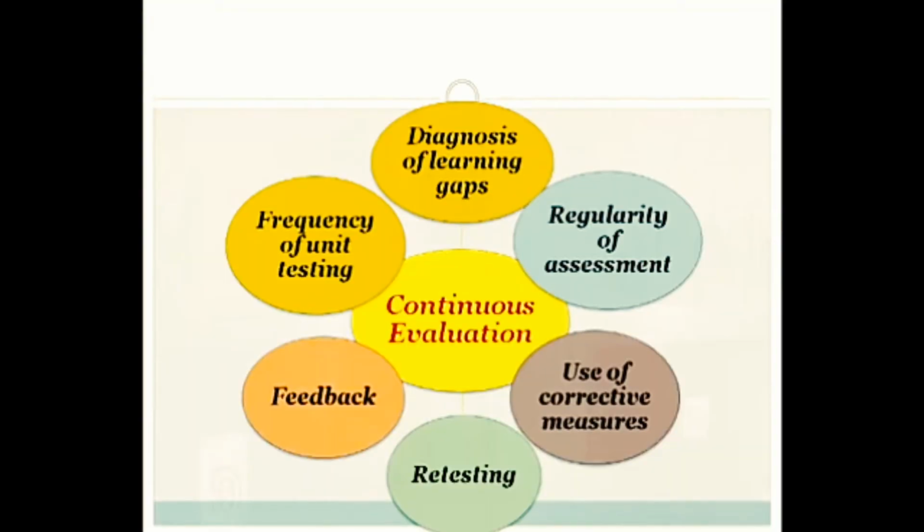Another feature of CCE is retesting. That means if a student is not able to understand or learn a particular concept in your class and you identify his or her learning difficulties, and after providing corrective or remedial measures or feedback to the student, there is a provision of retesting.